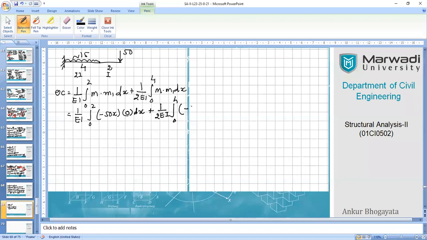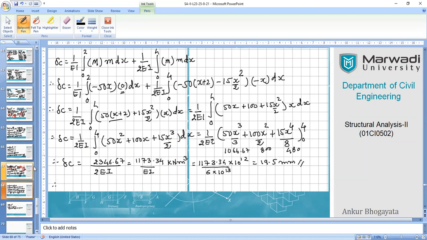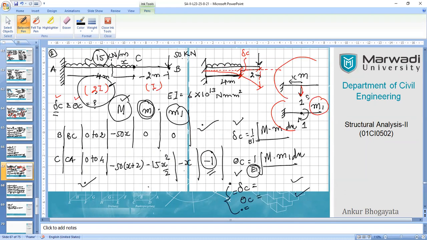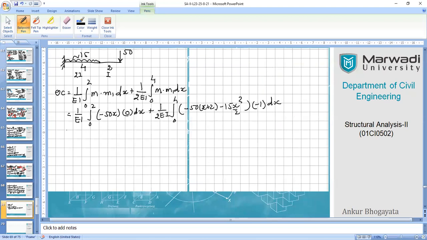Here it was minus 50x plus 2 minus 15 x square by 2 was the capital M, and here I suppose it is negative 1 dx. If I'm not wrong, let's see. Yes, it is. See here, minus 1. So you have to include that here, and now it's all simple and straightforward.